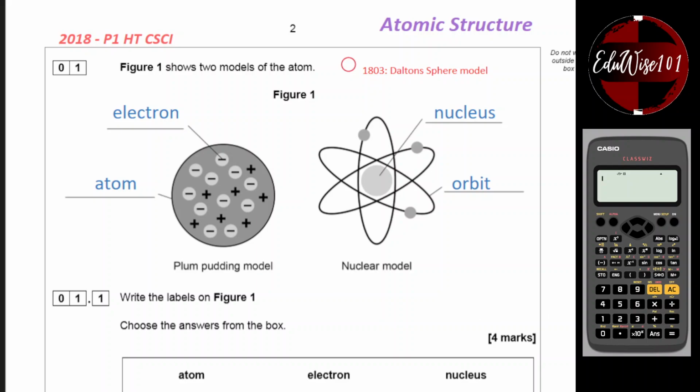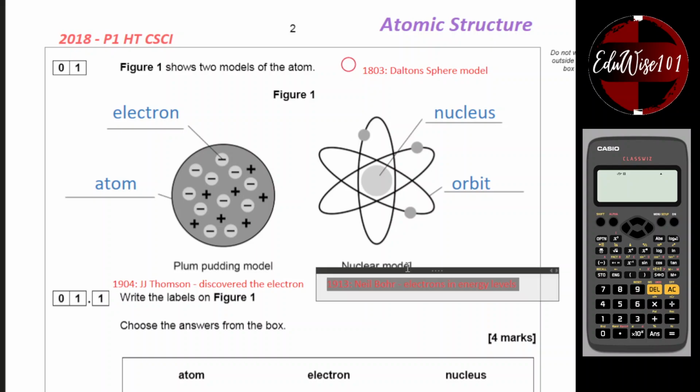Now the plum pudding model was proposed by J.J. Thomson, who discovered the electron. Now the electron was first discovered, then it was the nucleus, then the protons were discovered, and the neutrons were discovered last.